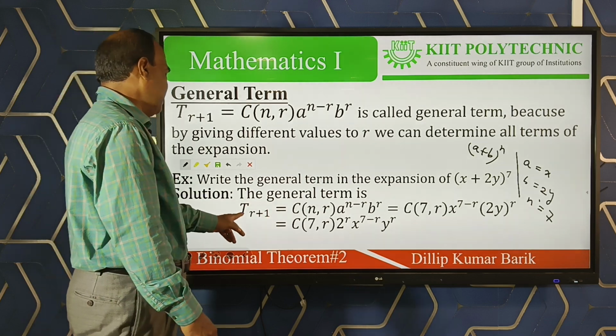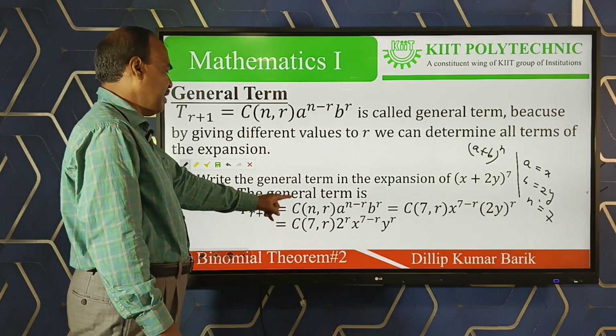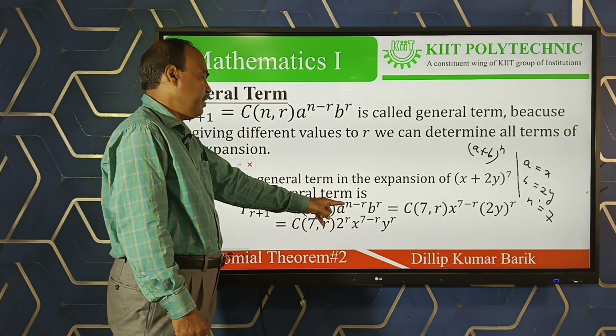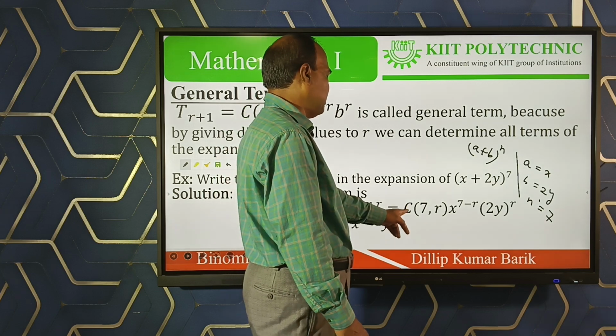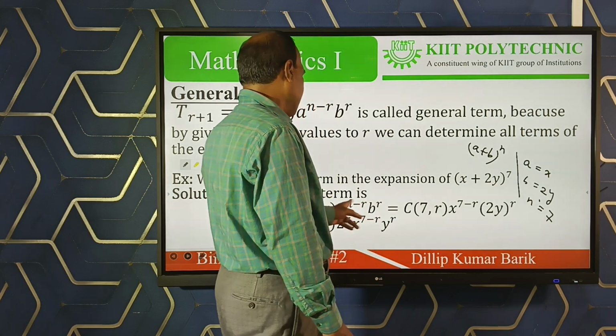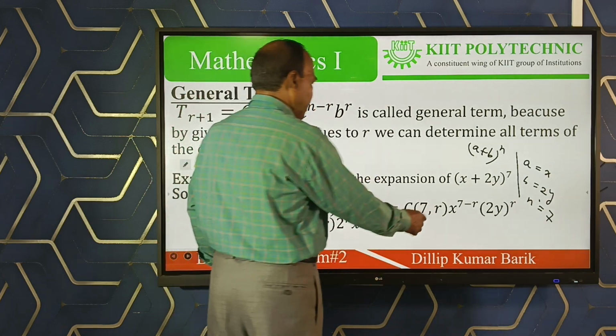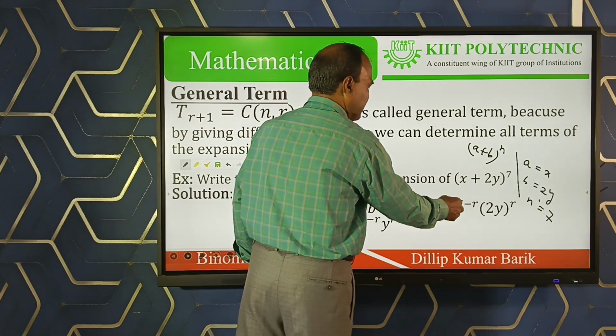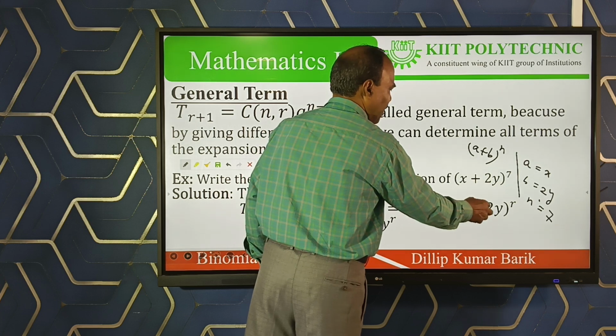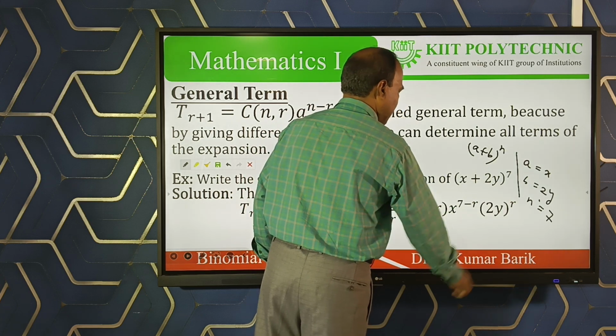So T(r+1), the general term, is nCr a to the power n minus r b to the power r, which is nothing but 7Cr. n is here 7. What is the a value? a is the first term of the expansion, x to the power 7 minus r, that is n minus r, and (2y) to the power r.